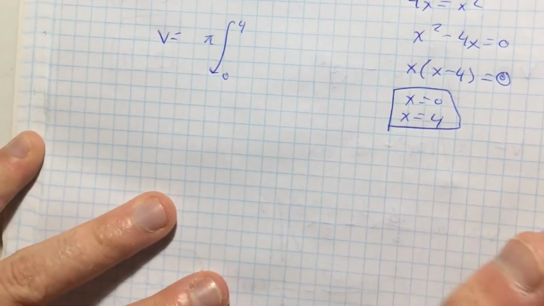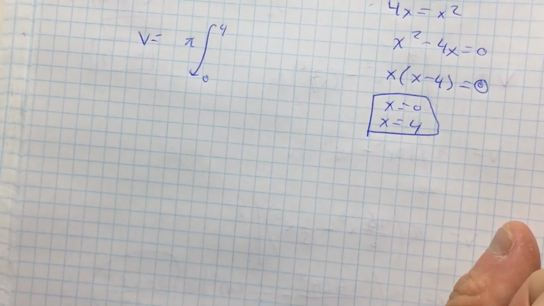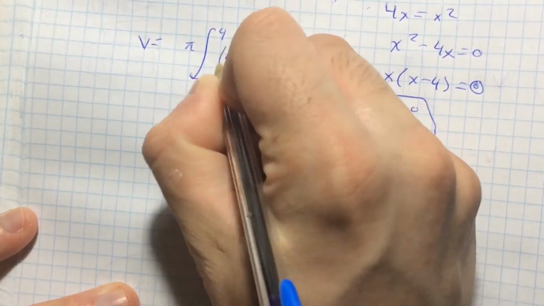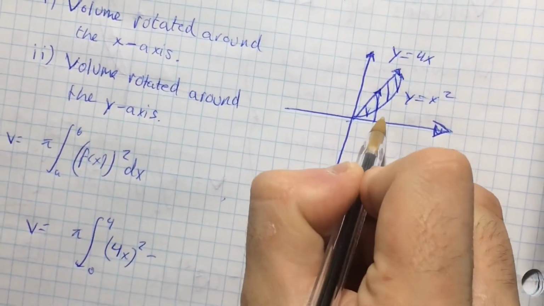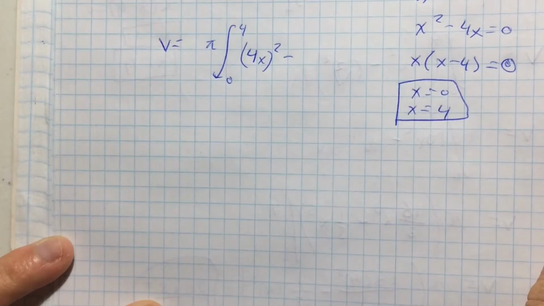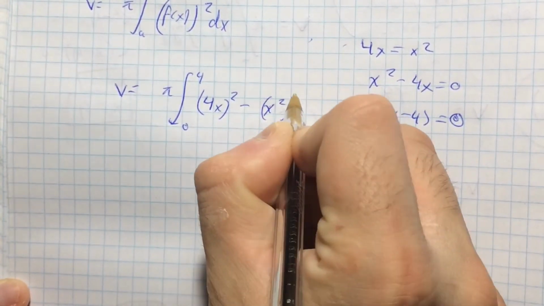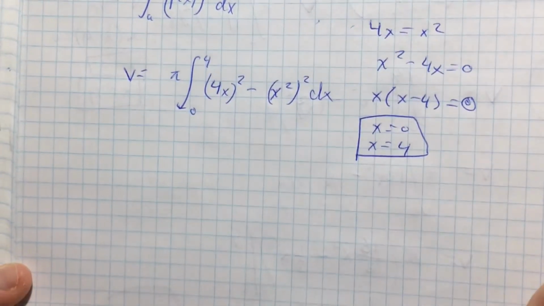So it's just like area integrals: the top minus the bottom. So 4x all squared minus, and the second one, if I go up again, it hits x squared, so that's minus x squared, all squared, dx.